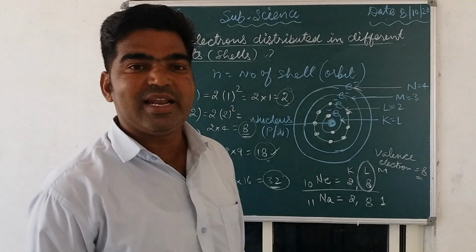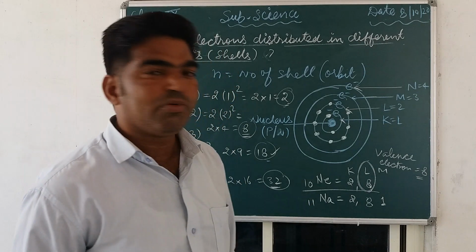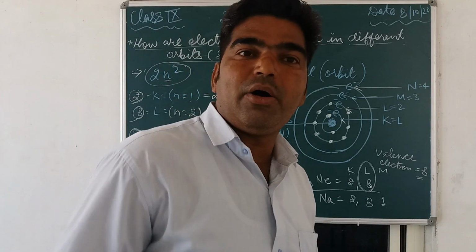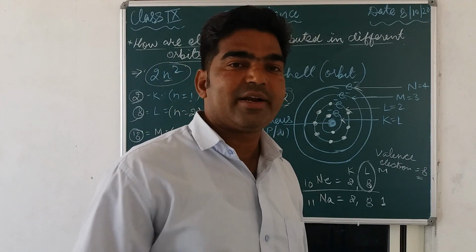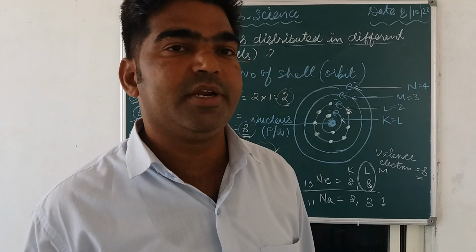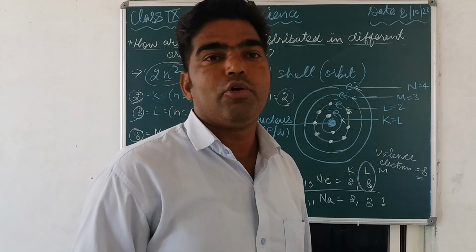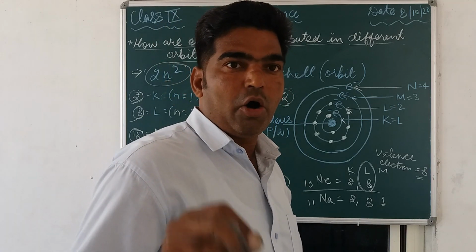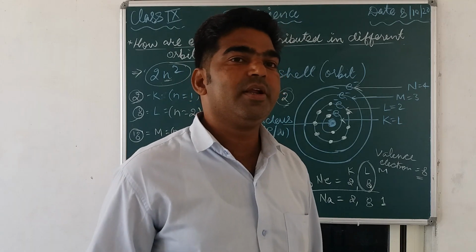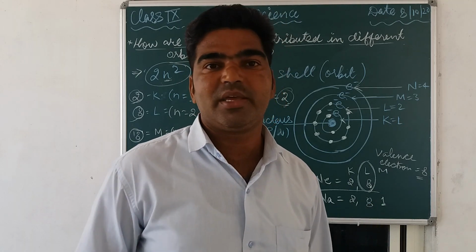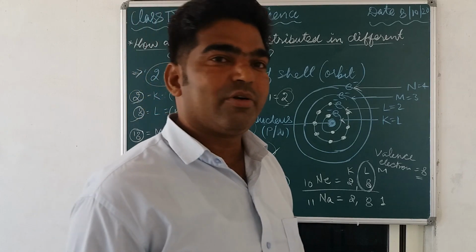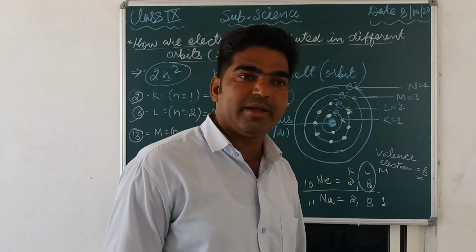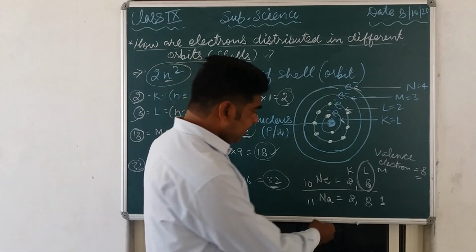So the valency of neon is 0, because there is no need to take, give or gain any electron, as its octet is already complete. All the noble gases, the inert gas group, have a fulfilled octet, so there is no chance of taking or gaining any electron from another element.